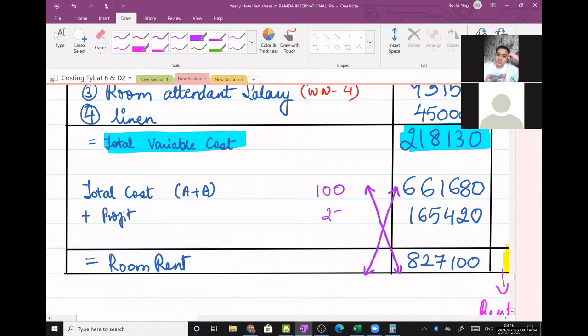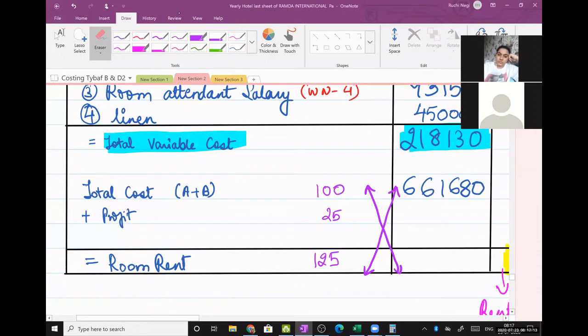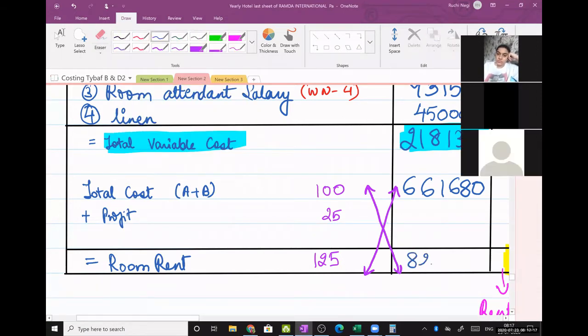This is 25, so this has to be obviously 125. Cross multiply, you will get the figures. So 6,61,680 into 125 divided by 100. So my answer is 8,27,100.